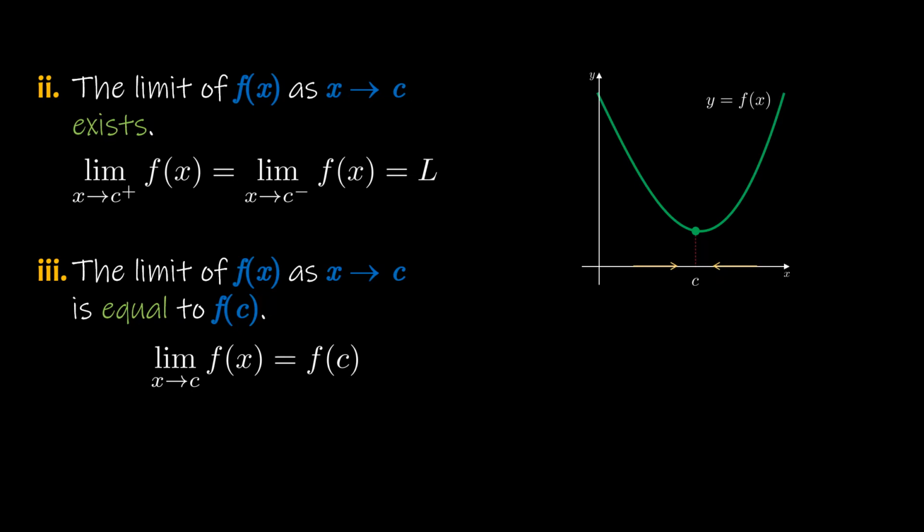The two-sided limit of f of x, as x approaches c, exists, and is equal to L, because the one-sided limits approach the same number L. The limit of f of x, as x approaches c, is equal to f of c, because there is no hole on the graph of f at x equals c. Therefore, f is continuous at x equals c.